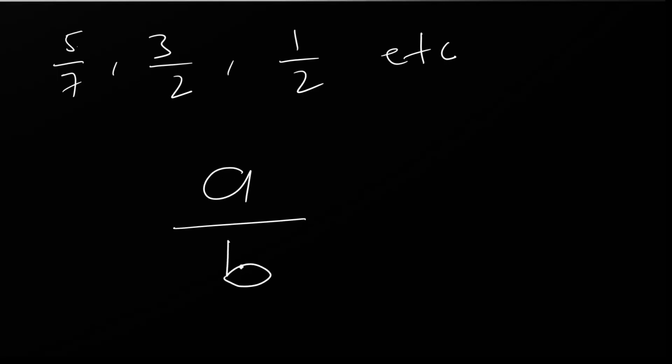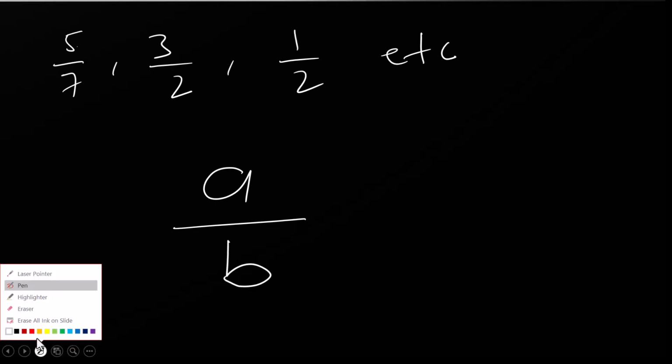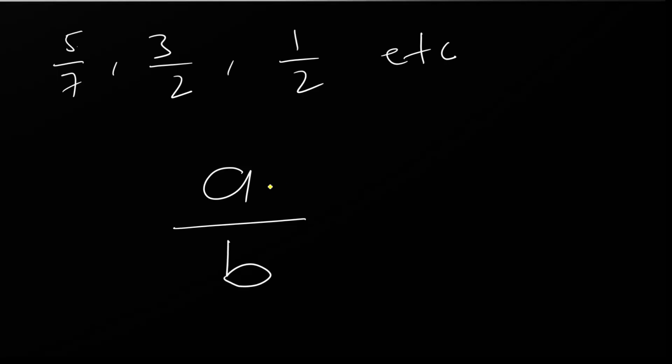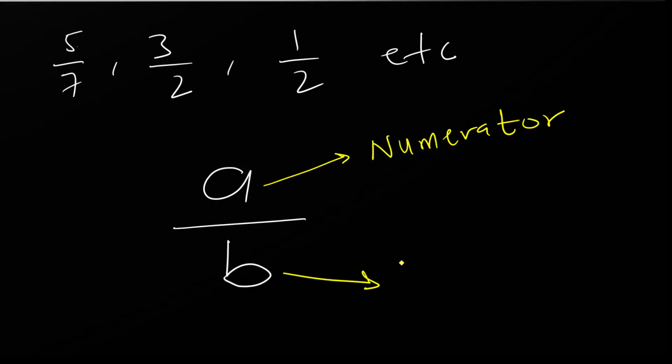So A on B. Now always the top one is called numerator, and the down one is called denominator.